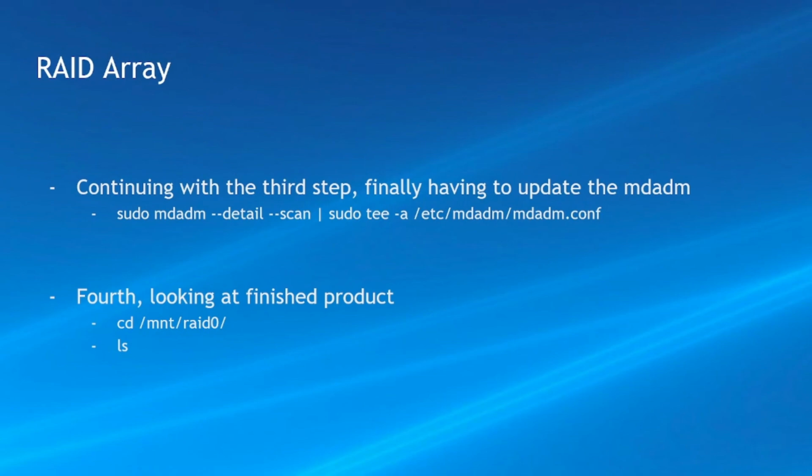Continuing with the third step, we finally update the MDADM to make sure it got all the information from me adjusting, and then finally looking at it by going to the directory of my Pi, which was cnit-raid, and then using ls to see that there was only the lost and found at that point.